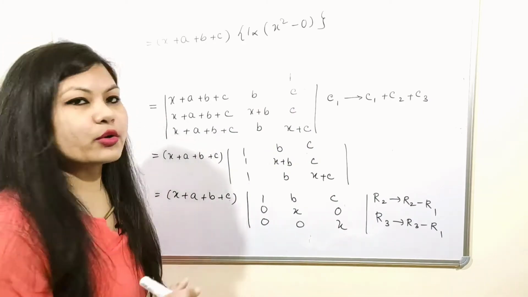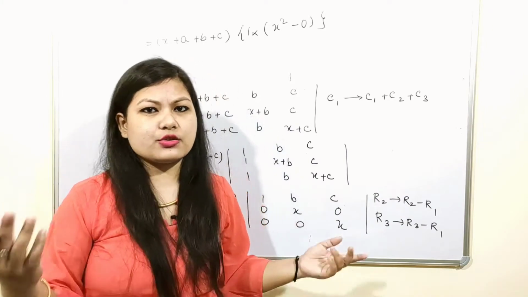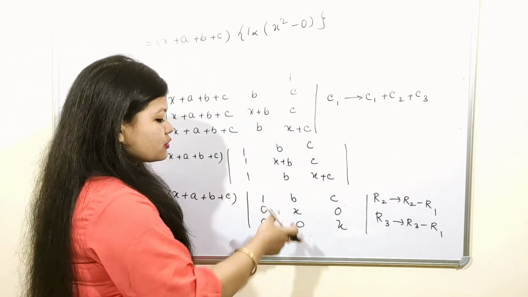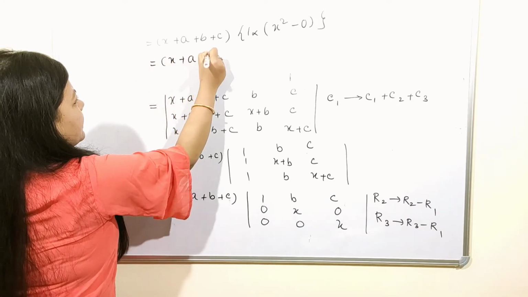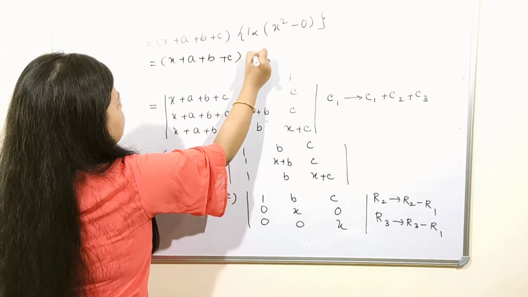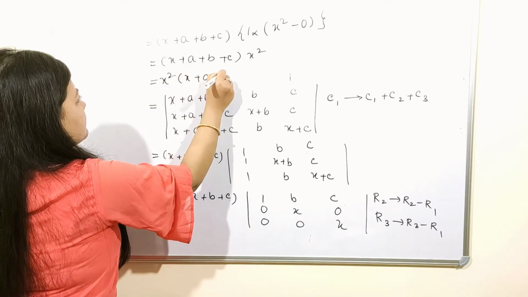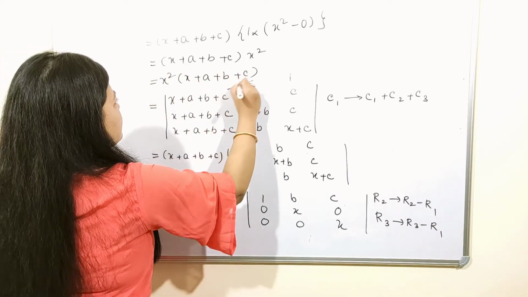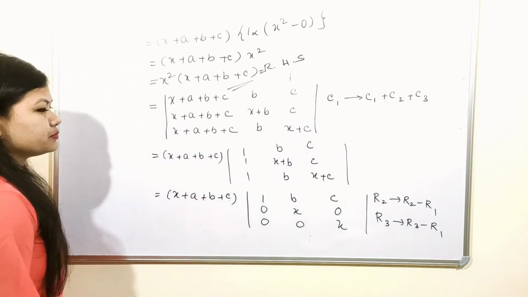We know the product of any element with 0 is always 0, so there is no need to write those two terms. We can write x square, rearranging the terms, times x plus a plus b plus c. So this is the right hand side value.